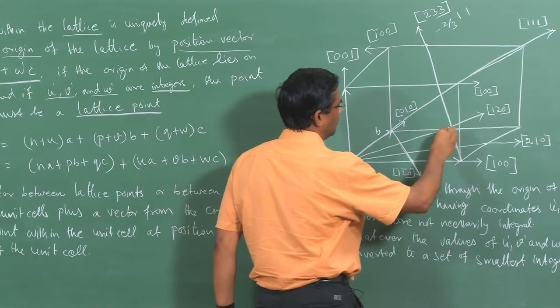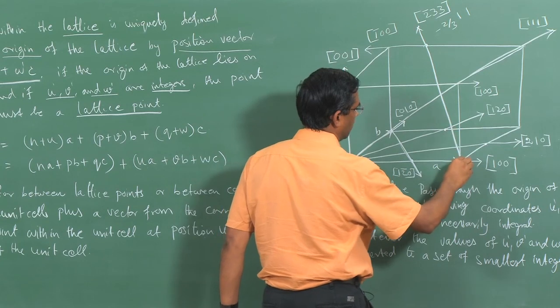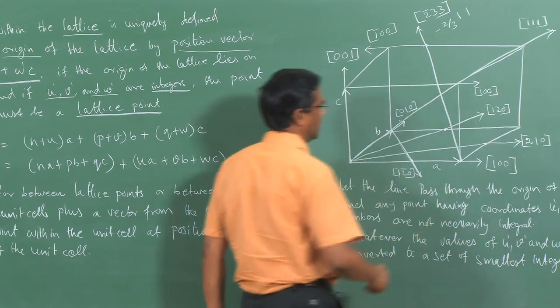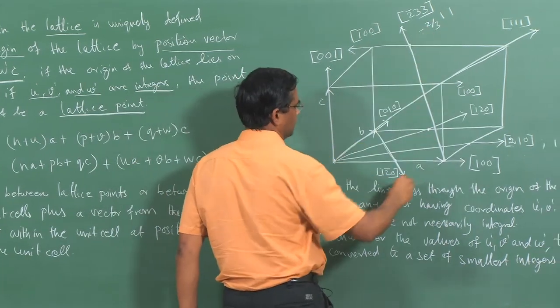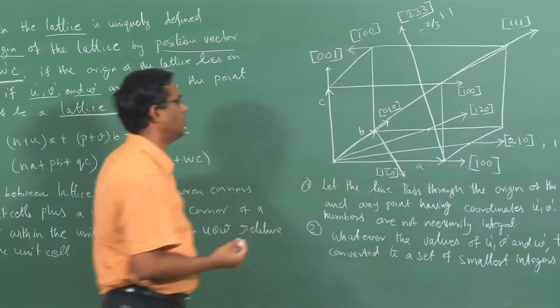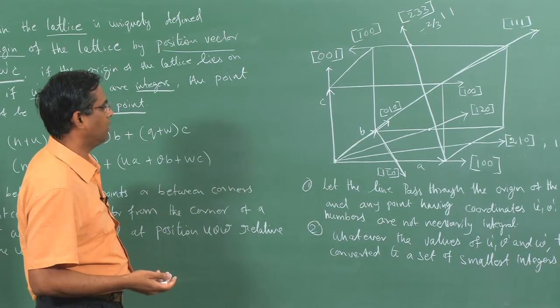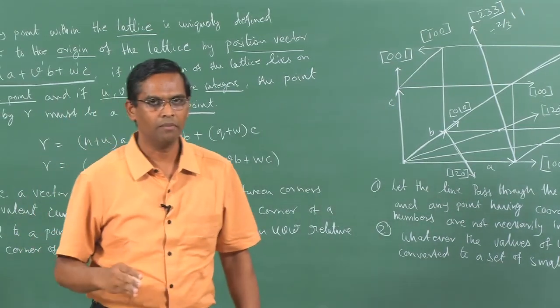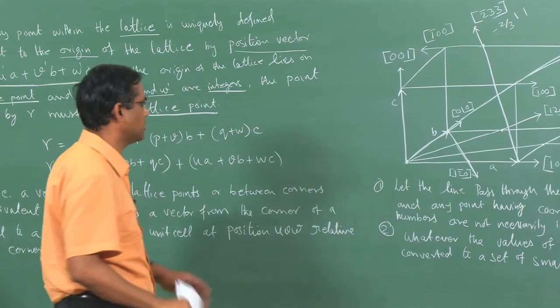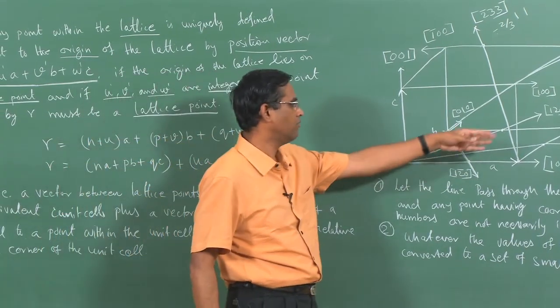Or it could be fractional coordinates like this, or even negative coordinates like this. Both of them you can identify, and the procedure is the same, but you have to remember where you shift the origin.